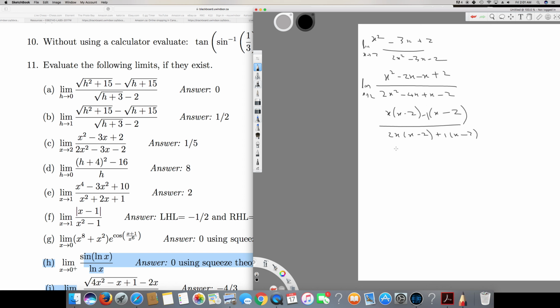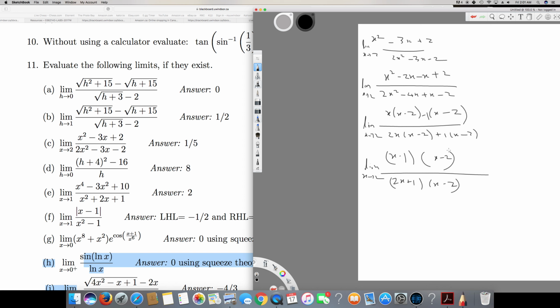So the factors on the top are x minus 1, x minus 2, and here 2x plus 1, x minus 2. So limit x approaches 2.